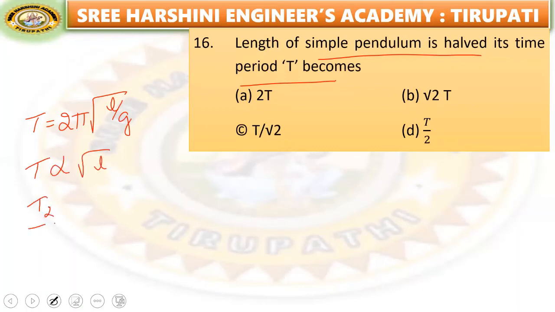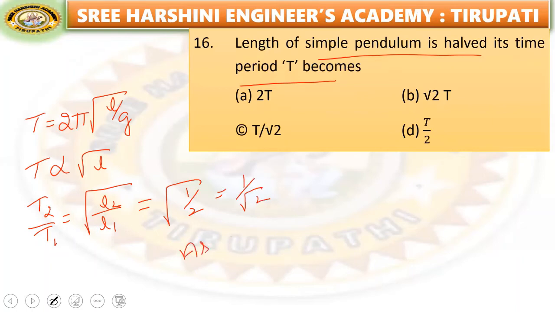T2 by T1 is equal to root L2 by L1, that equals root 1 by 2, that equals 1 by root 2. As T1 is equal to T, T2 is equal to T by root 2. So option C is the right answer.